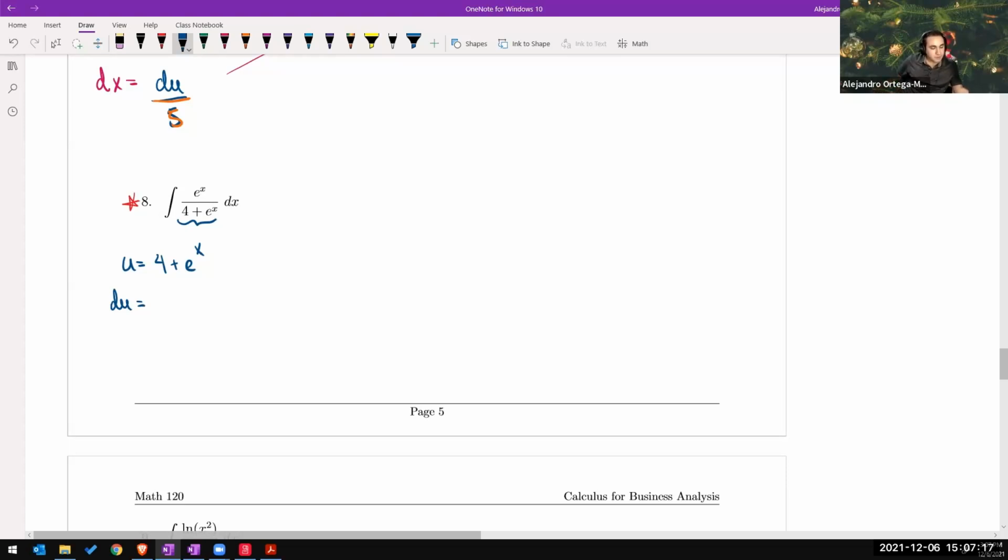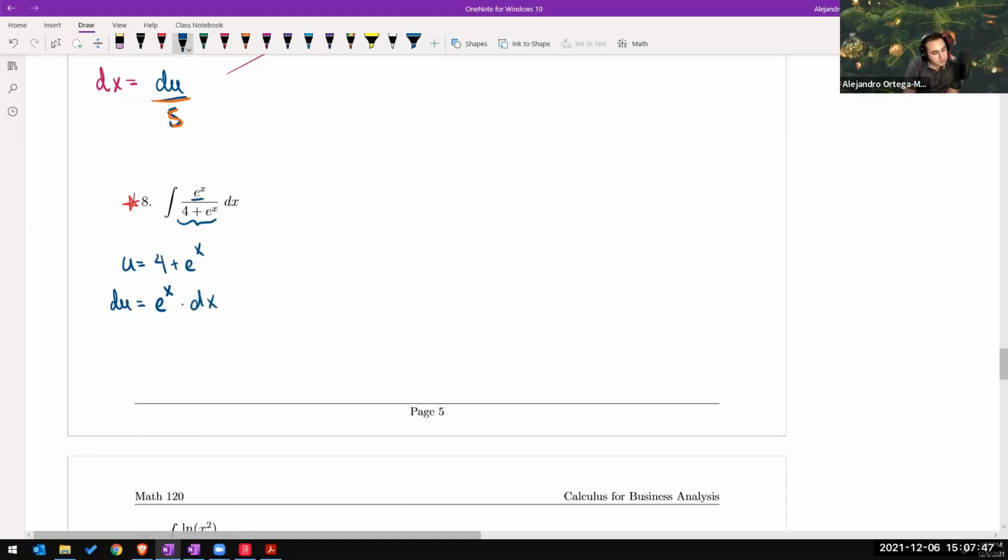What is going to be the derivative of 4 plus e to the x, guys? Very good. Excellent. The derivative is e to the x. Is that good news? I think so, because I do see an e to the x here. So it's a pretty good chance that they will cancel.